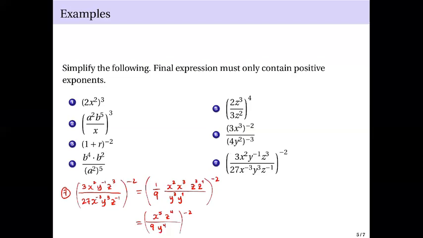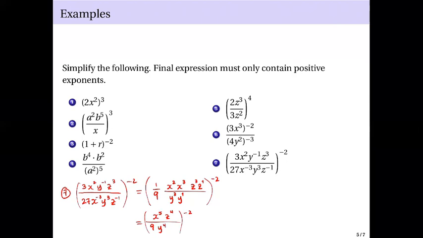And then you want this to have positive exponents. So one way to do this is to distribute this negative 2 to each factor inside the parentheses. Another way, you interchange the two guys here, the numerator and the denominator. And once you've interchanged them, you can now remove the negative sign.